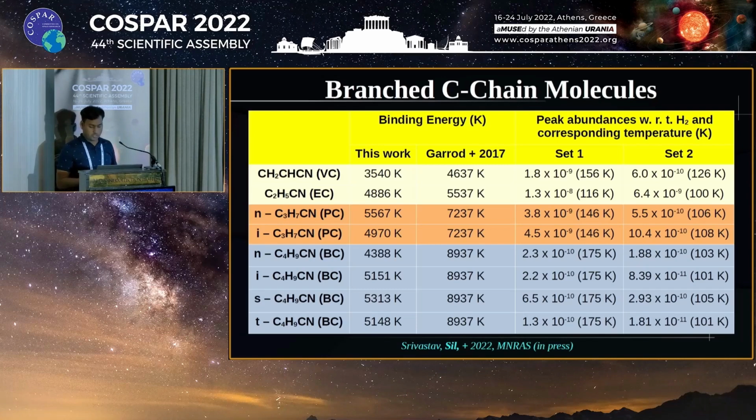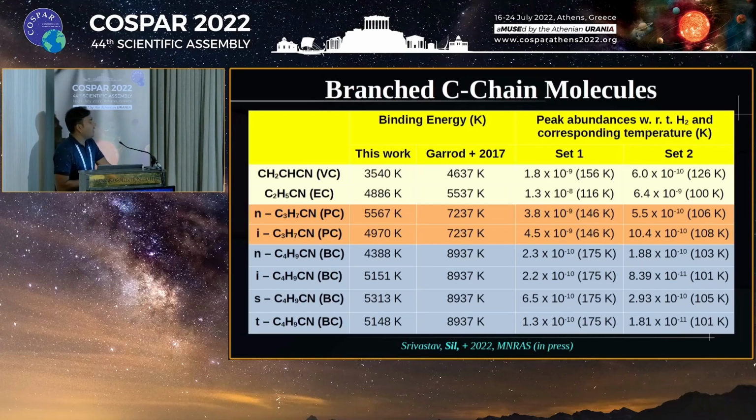So you can see that the abundance is 10 power minus 8 for ethyl cyanide, and for set 2 it is 10 power minus 9.